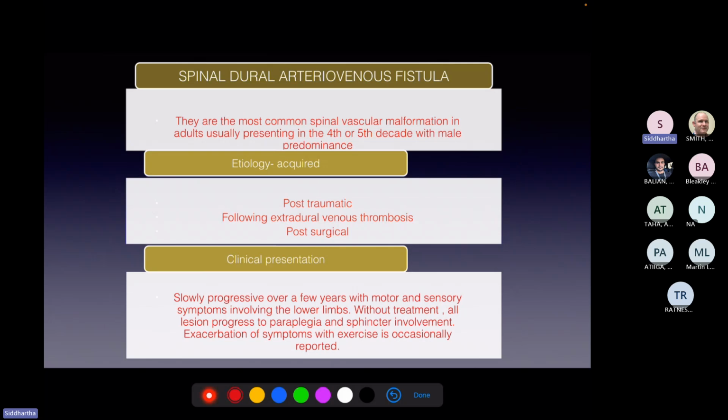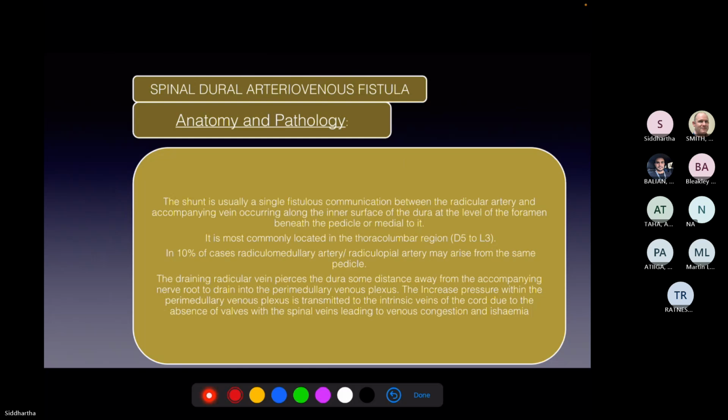In 10% of cases, a radiculomedullary or radiculopial artery will also arise from the same level. That's the normal statistics with any dural branch and radicular artery. The draining radicular vein pierces the dura some distance away from the accompanying nerve root to drain into the perimedullary venous plexus. So that's the standard thing.